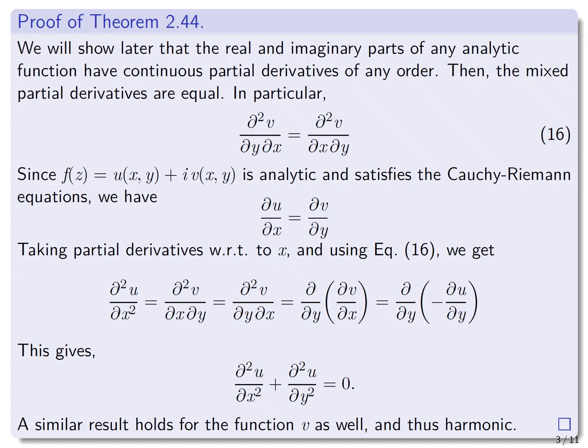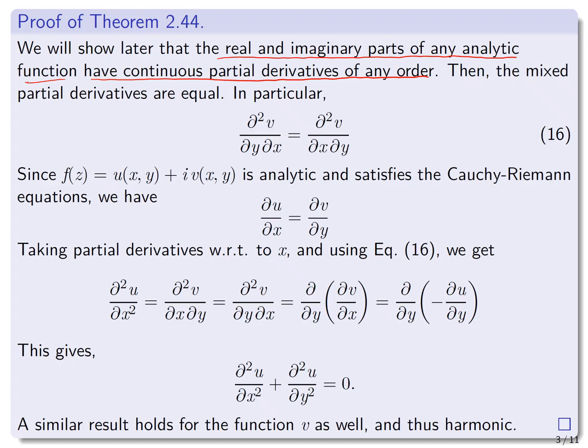Later in this course, we will show that the real and imaginary parts of any analytic function have continuous partial derivatives of any order. So you can go indefinitely. So we can use this fact.